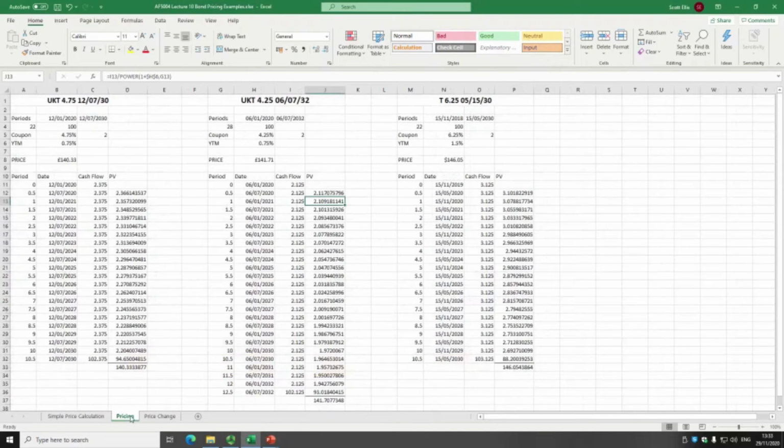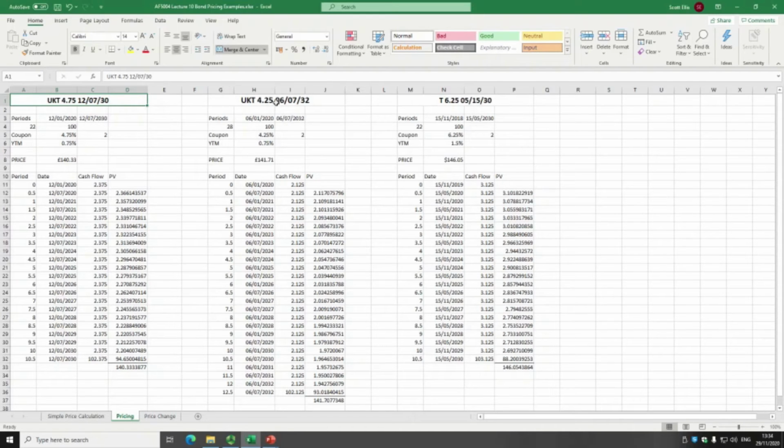On this next slide, I have an example of actual real bonds that I've taken from Bloomberg, and the terminology at the top is how you typically see them in the financial press. So UKT stands for the UK Treasury, coupon of 4.75, and this is when the bond expires in the year 2030.